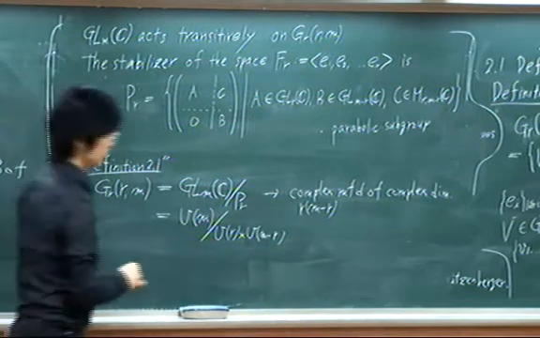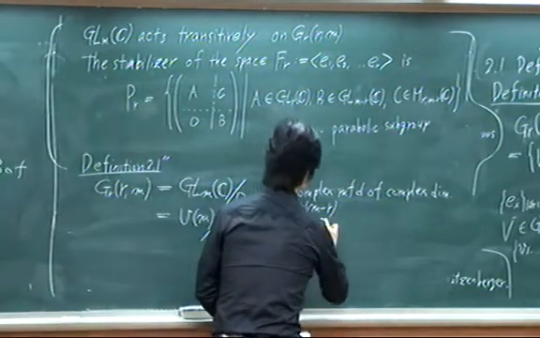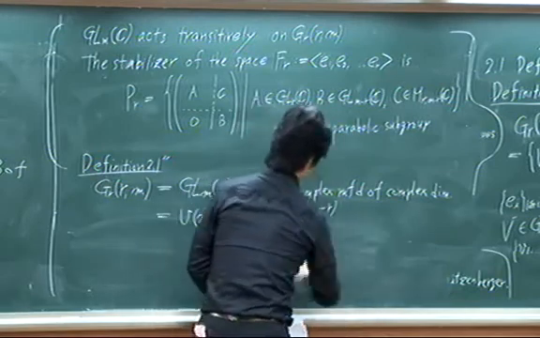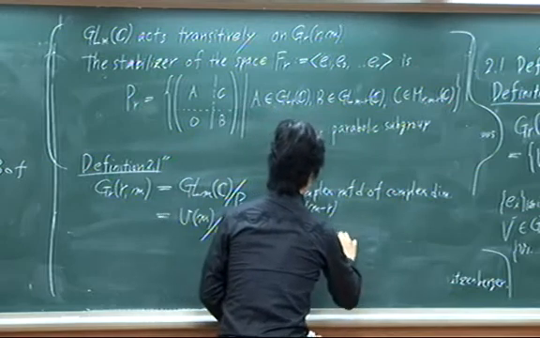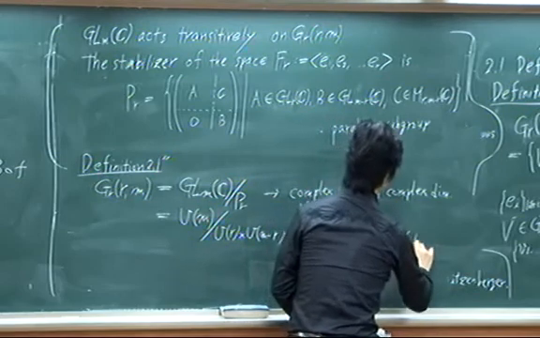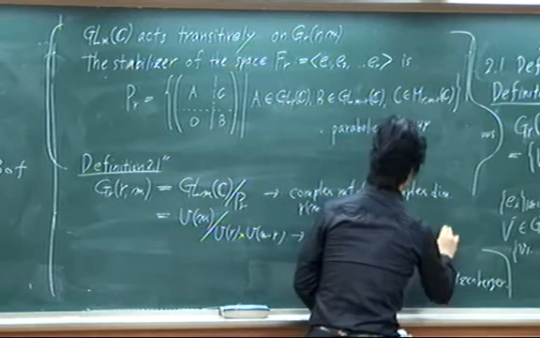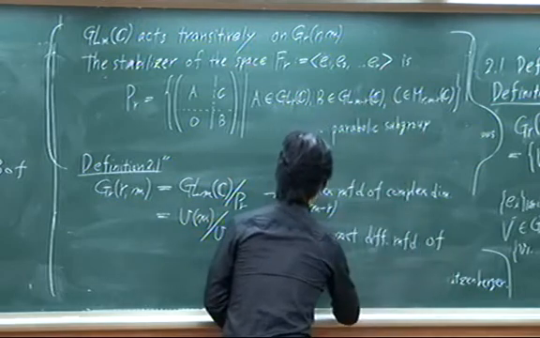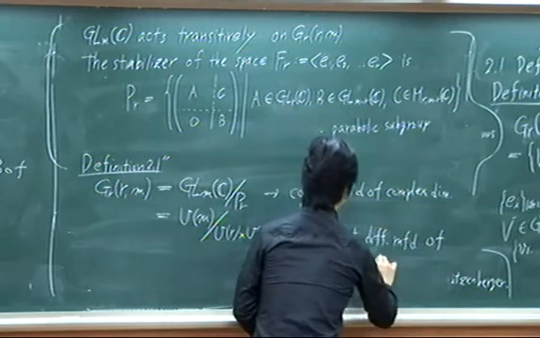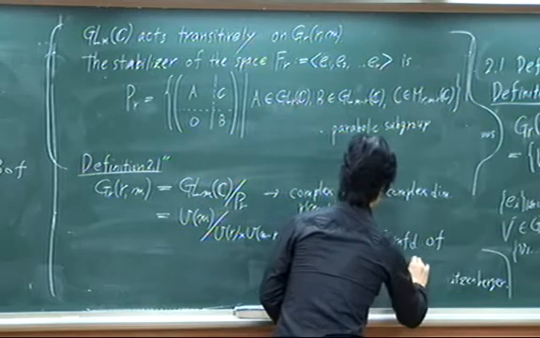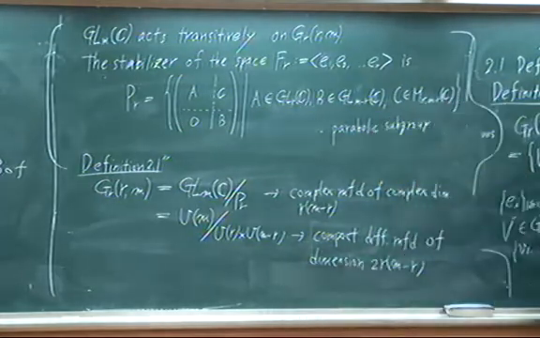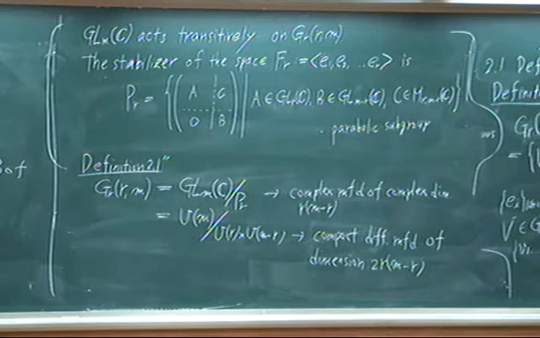The second presentation shows that the Grassmannian is a compact differentiable manifold of dimension 2r(n minus r). This is the complex Grassmannian.